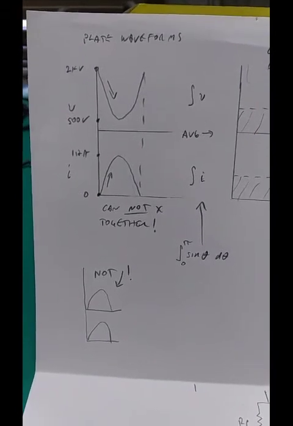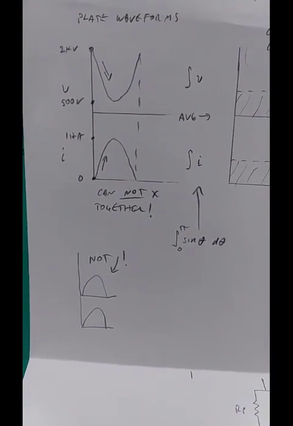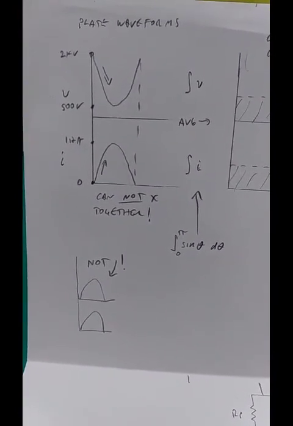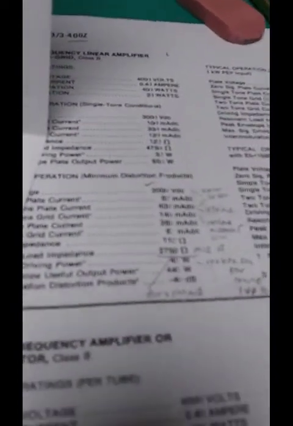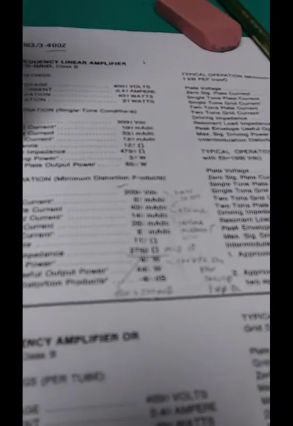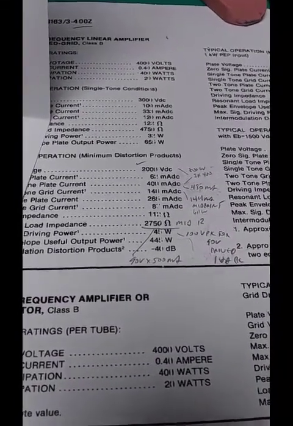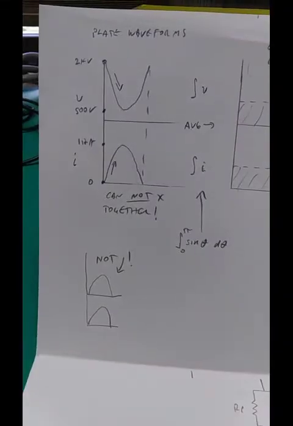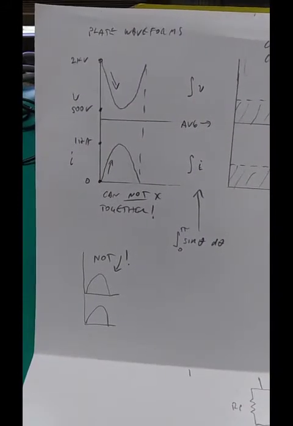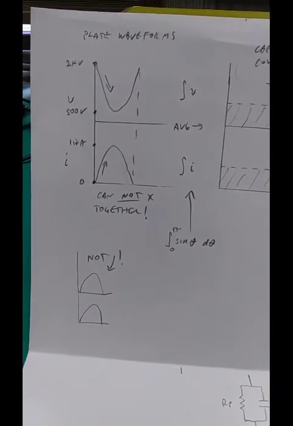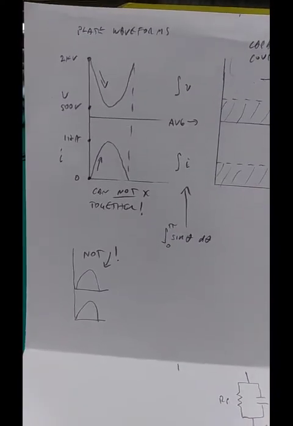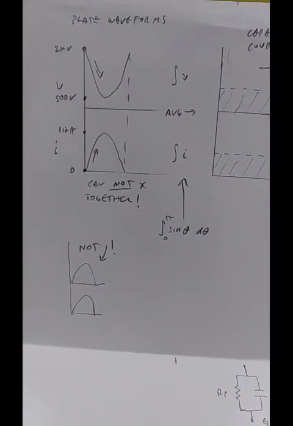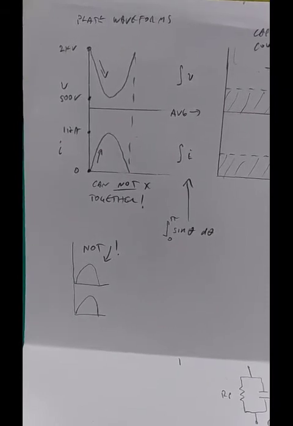From video number 4, where we started making a stab at plate power, we have predicted values from the tube manufacturer. And in a previous video I showed you how to use measured and verified values from the Drake TR3 and 4 to set up formulas to calculate actual plate power.